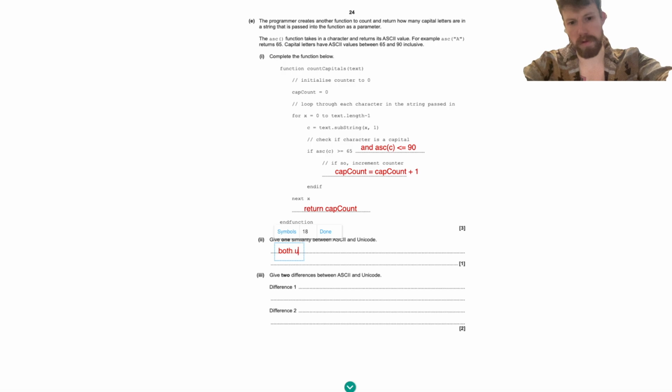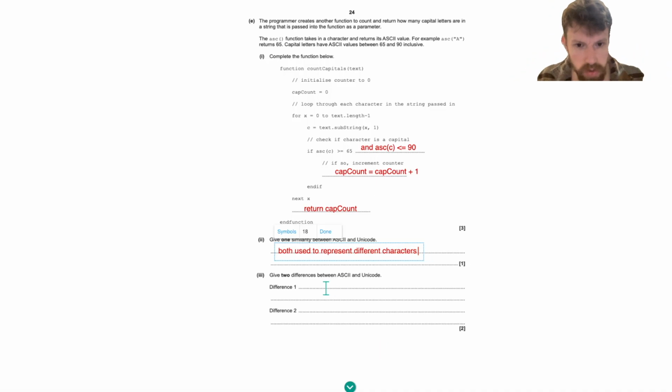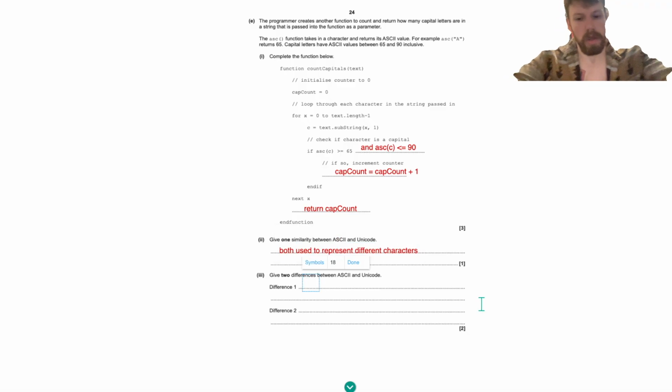The one similarity for this one, which is just a 1 marker, is that both are used to represent different characters, and then it says 2 differences. The similarity is they're both used to represent characters, but the first difference is the number of characters you can represent.